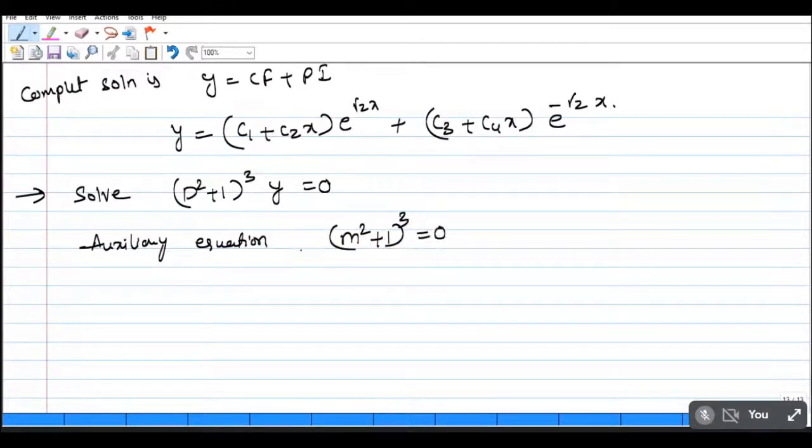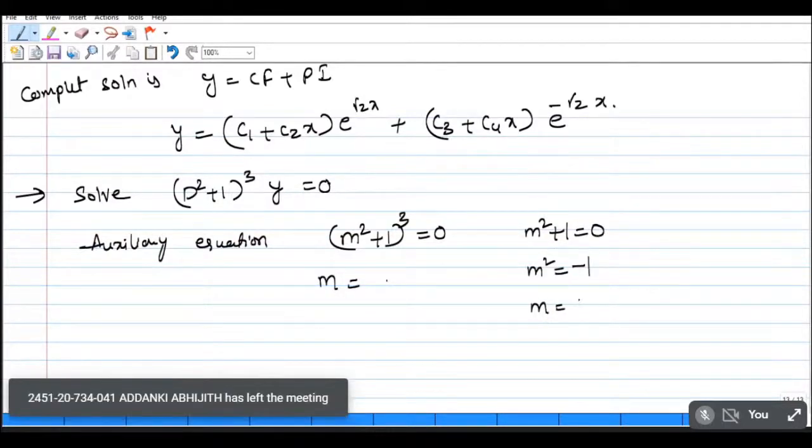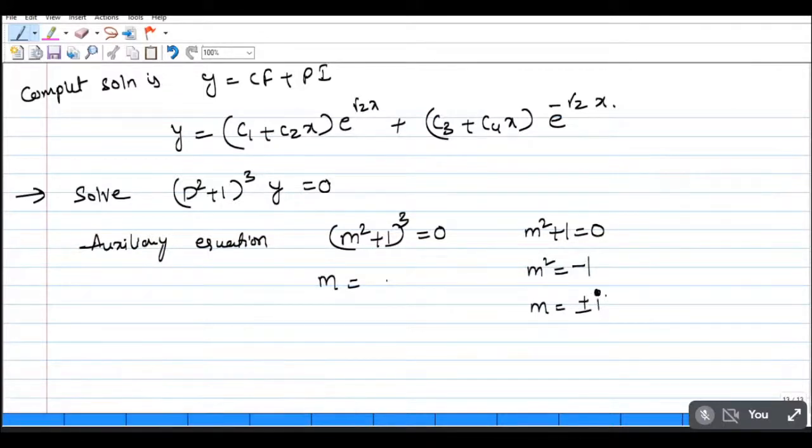Tell me, what are the roots? m square plus 1 equals 0, so m square is equal to minus 1. m equal to under root minus 1, which is plus or minus i.